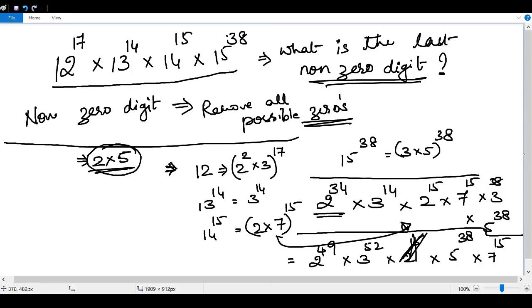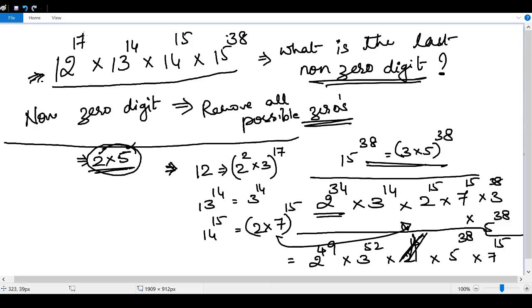To make a 0, you require a 10. To make a 10, you require a 2 and a 5. Now, all I will do is split these entire numbers, basically doing a prime factorization. The 12 is nothing but 2 square into 3. So 2 square into 3 power 17, 3 power 14, 2 into 7 power 15, and 15 power 38 is 3 into 5 power 38.